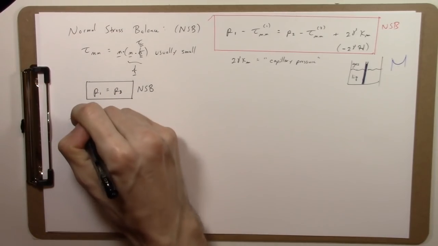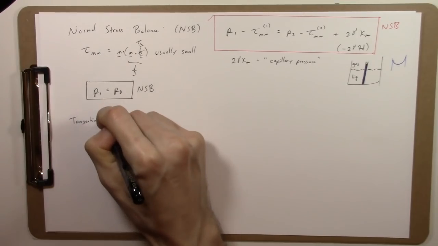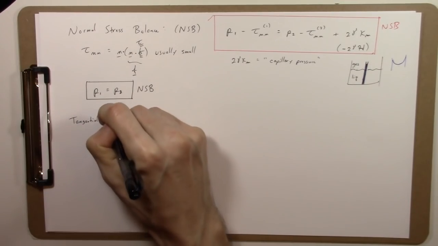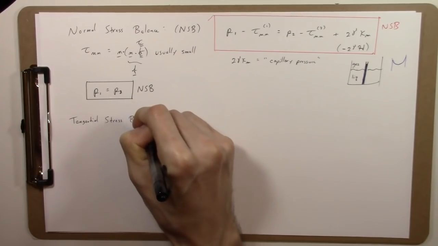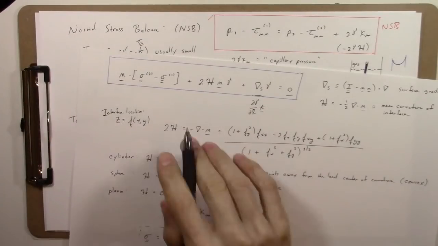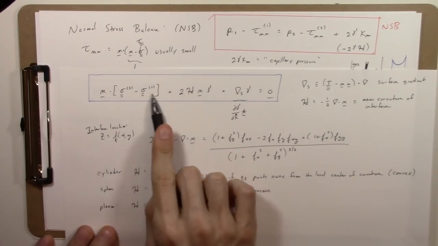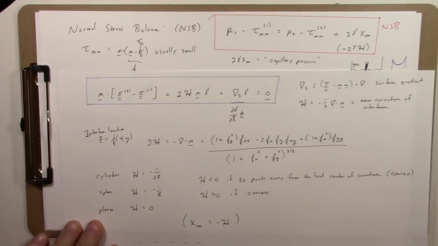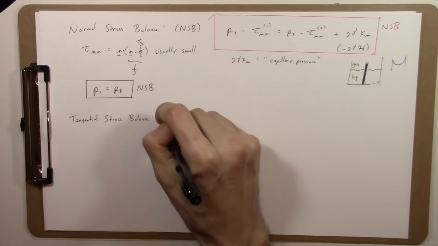So if we go back to our general stress balance at the interface and take the tangential component, namely we take the dot product of the unit tangent vector t with this expression for the interfacial stress balance, we arrive at the tangential stress balance, which we'll call TSB.